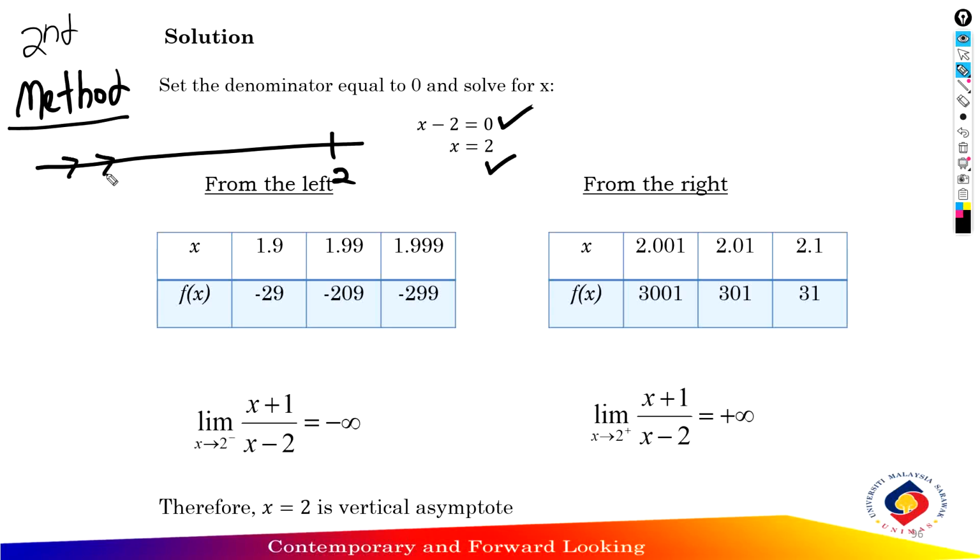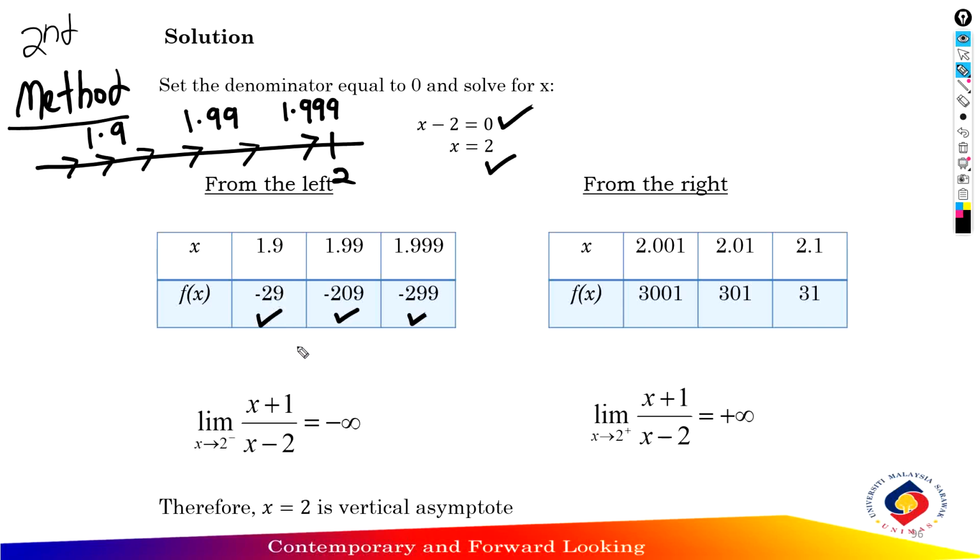Start from here, from the left: the first value is 1.9, the second value is 1.99, and the nearest value is 1.999. Substitute these values into the function, and the results are negative 29, negative 299, and negative 2999.